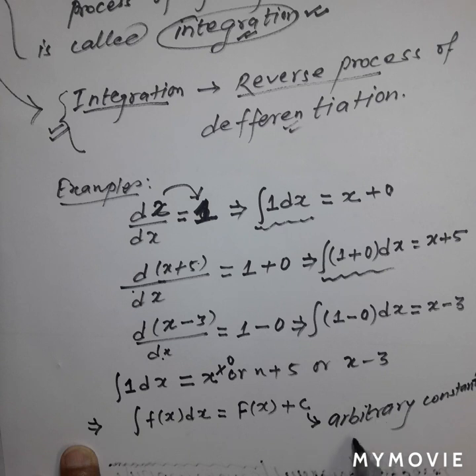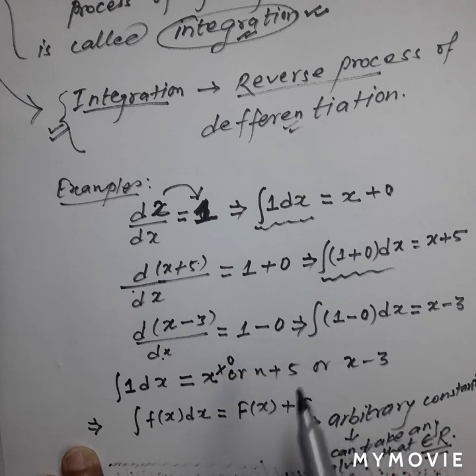Arbitrary constant, because here c can take any values that belong to R, any real number. We cannot take here a complex number. C is a real number, so here c sometime positive, sometime negative, sometime 0.